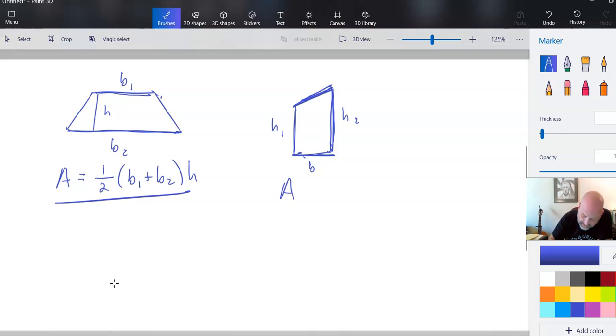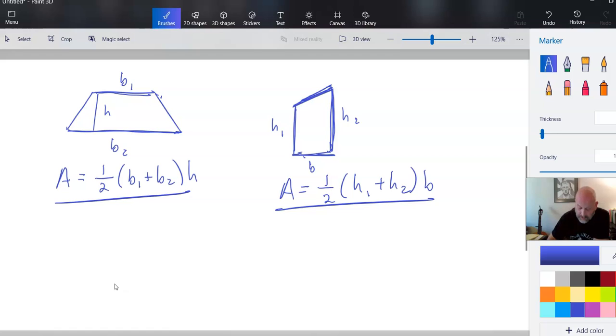The area then is now, well, actually, let me write it so it's in the same format as the other one. 1/2 of H1 plus H2 times the base, right? So this is the formula we're going to be using.